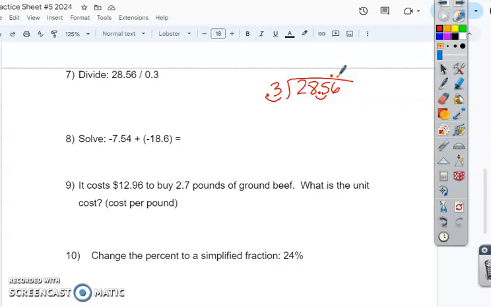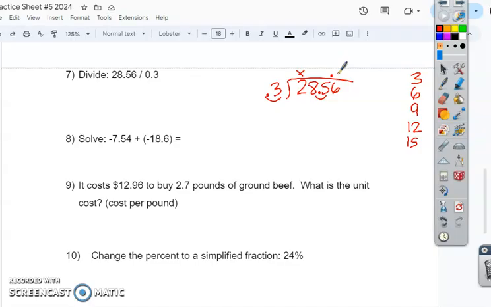So then we start with our 3, right? Will 3 go into 2? No, it doesn't. 2 is too small. So you are going to list your 3's. If you need to, if you know them, that's fine. And I want you to solve that. You should have a number, or a digit. Okay?